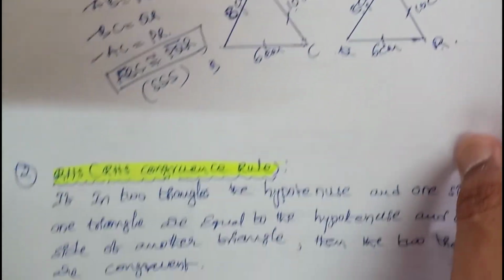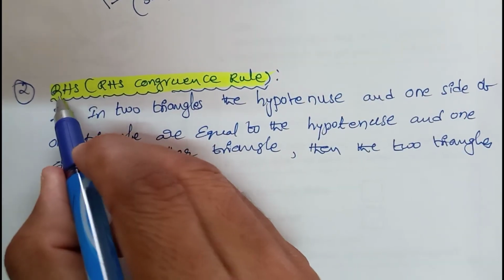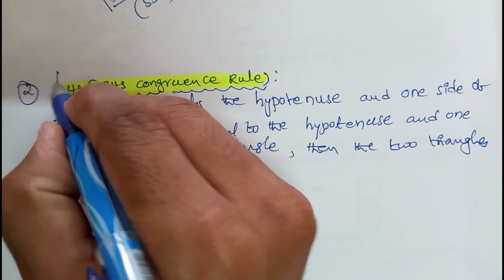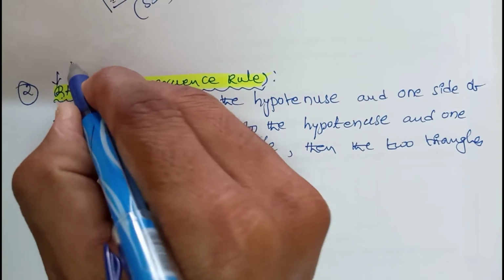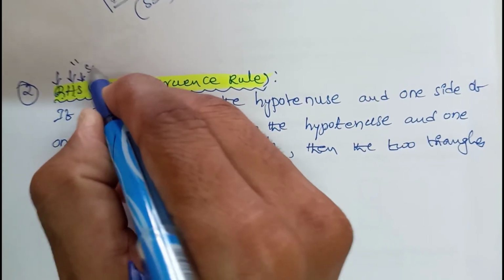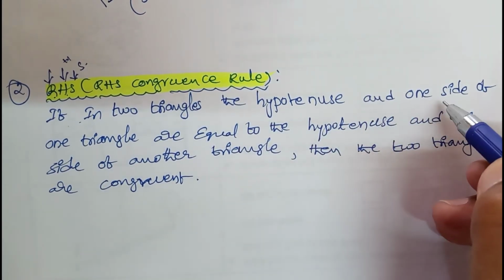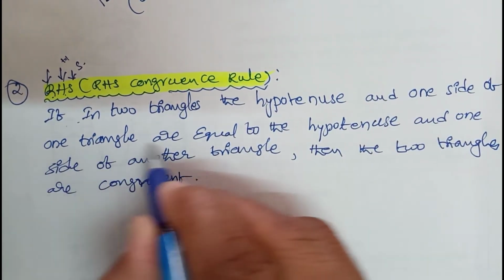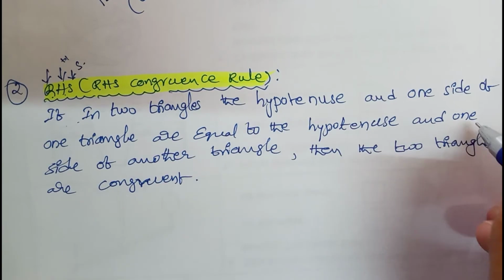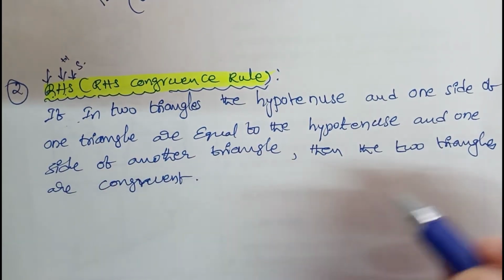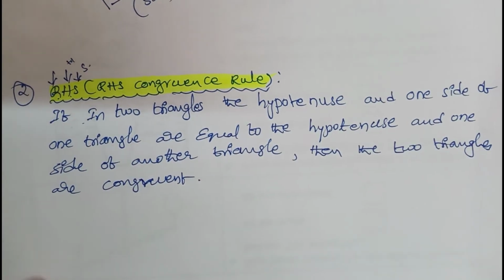Now the second one is RHS. R is right angle, H indicates hypotenuse, S indicates side. If in two triangles the hypotenuse and one side of one triangle are equal to the hypotenuse and one side of another triangle, then these two triangles are congruent.